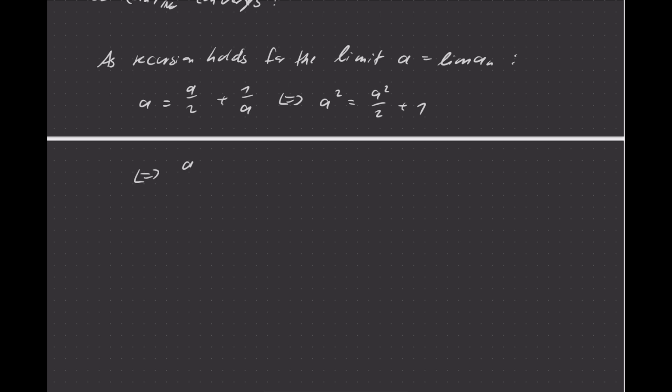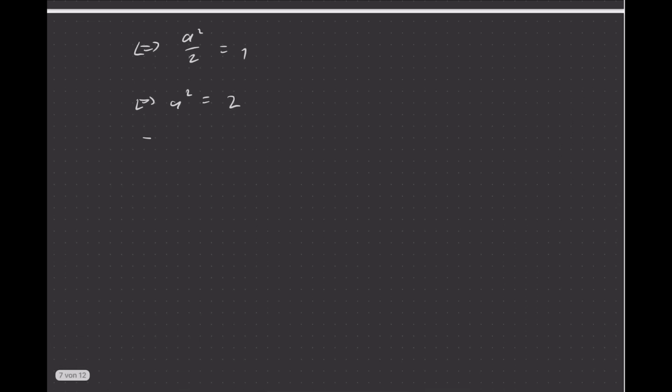And that means a squared over 2 is 1. And that means a squared is 2. So what we get is, as we know that a is positive, a is the square root of 2. Right? So this sequence converges to the square root of 2.